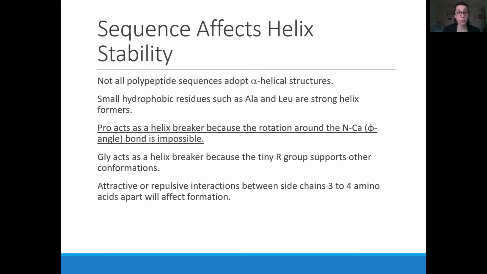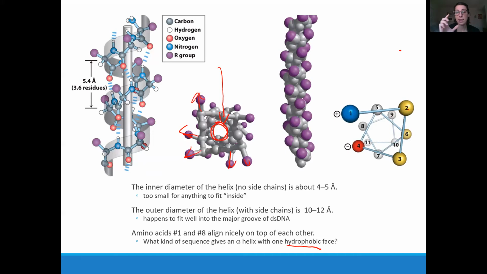Any attractive or repulsive interactions that would occur between the side chains of 3 to 4 amino acids will also affect the formation. So if those R groups within the structure of the alpha helix have repulsive or attractive interactions, it could either help stabilize or help break an alpha helix. And again, that's just going to depend on if they are attractive or repulsive.